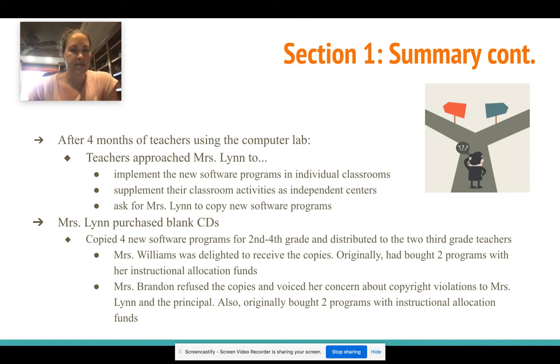After 4 months of the teachers using the computer lab, there were some teachers that approached Mrs. Lynn to implement the new software programs in individual classrooms, supplement their classroom activities as independent centers with having these software programs in their computers, and asked for Mrs. Lynn to copy new software programs.